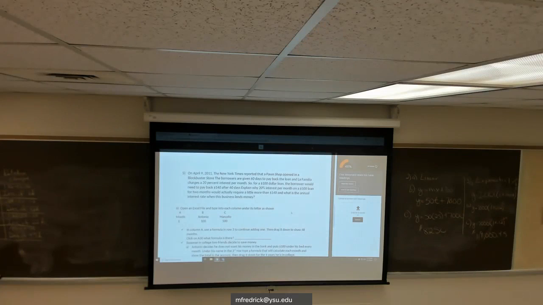Explain why 20% interest per month on a $100 loan for 2 months would actually require a little bit more than $140. Then we want to find the annual interest rate.